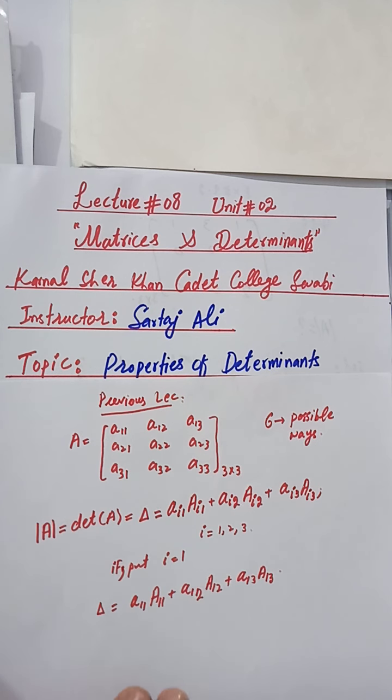So this is the formula for the determinant of matrix A when you are using the first row for the expansion of the determinant of the given matrix.